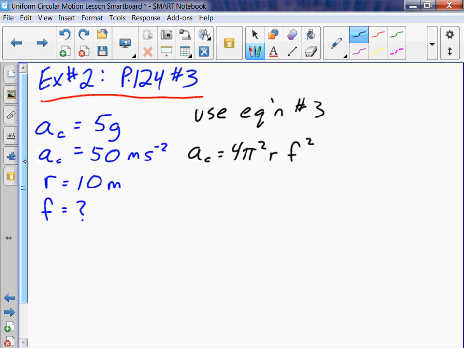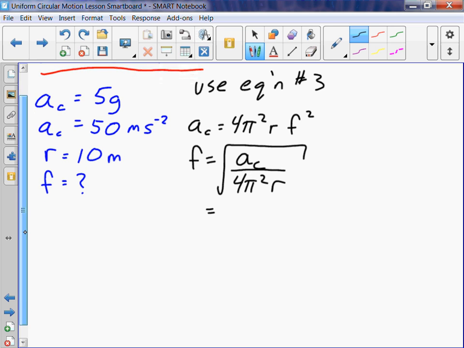So rearrange this for f, and plug in the values.